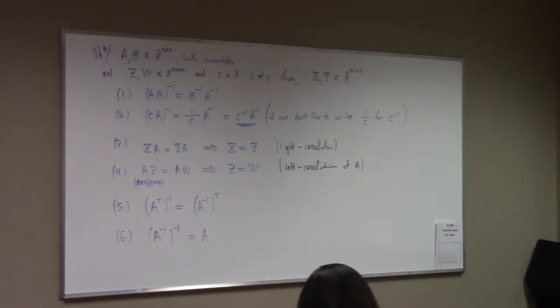So what you're looking for, in principle, is you got AB times C. You want that to be equal to I, right? And you want C times AB also to be equal to I. So you have to solve those equations for C. That should give you the formula for the inverse, right? So how do you solve for C?